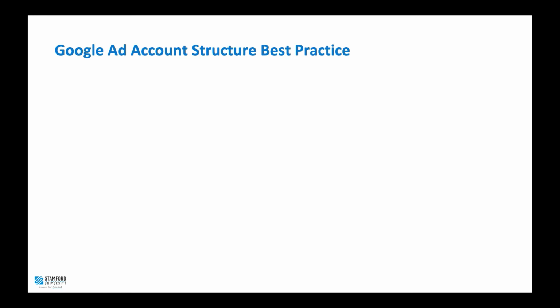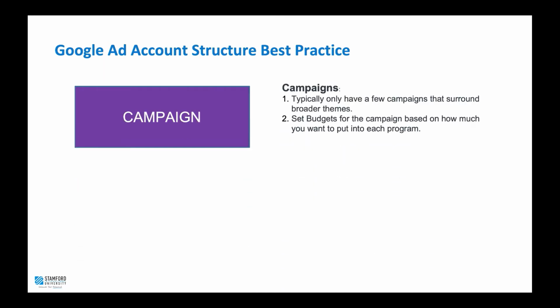Okay, so what I want to give you is the keys to success and how you can design your account structure. So let's go through how a structure has, and again, it's the first 2 layers, the campaign and the ad group. These are the most important. Let's look at the best way to set these up. So for the campaign, unless your account is very large, you'll typically have only a few campaigns that are surrounded around a broader theme.